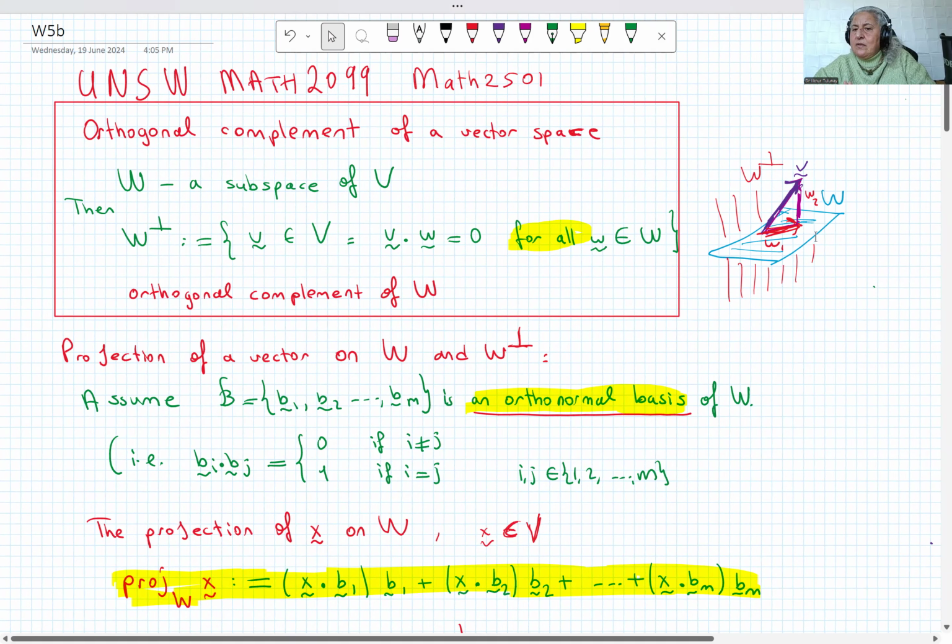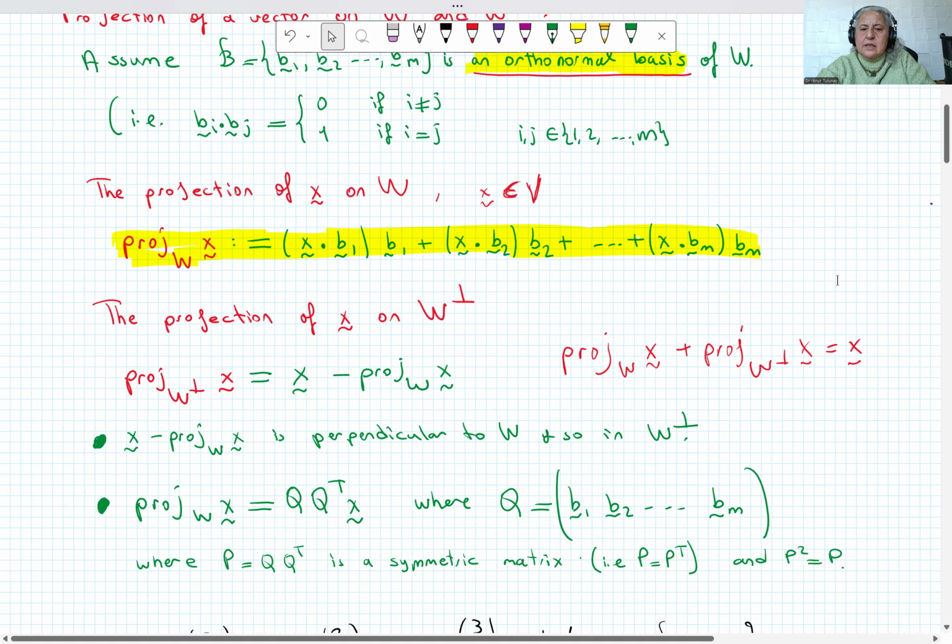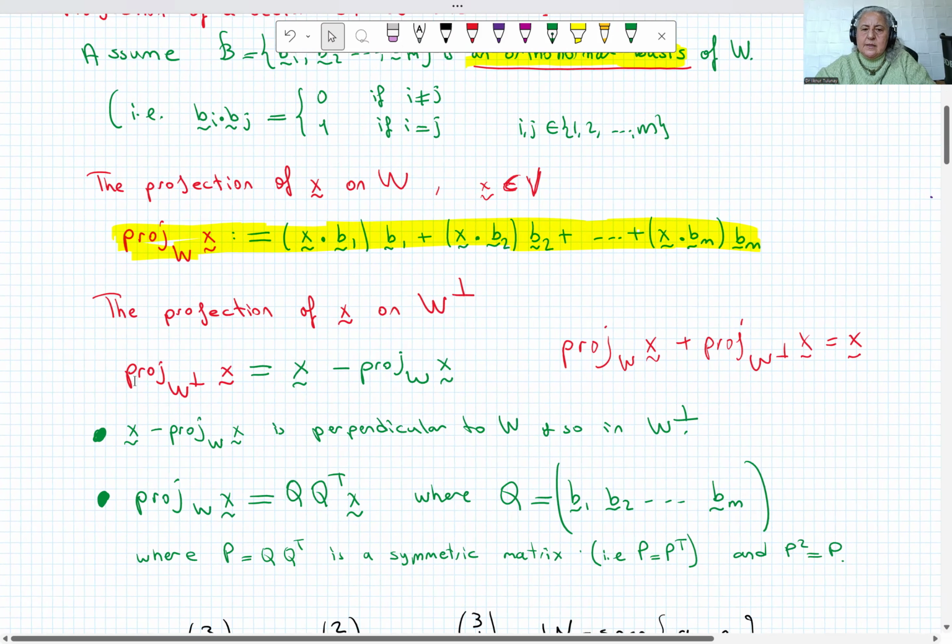We know how to add vectors. So if you want W2, W2 will be V minus the projection of V on W. That's exactly what this one says.